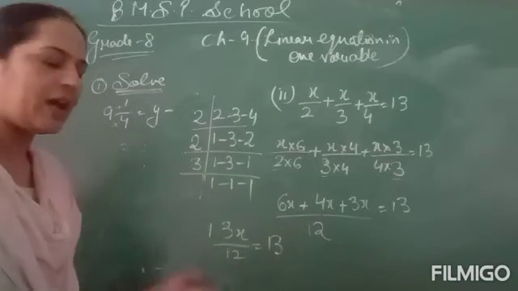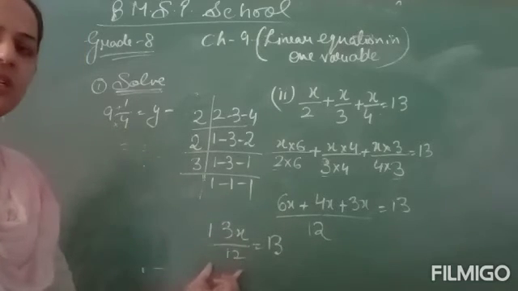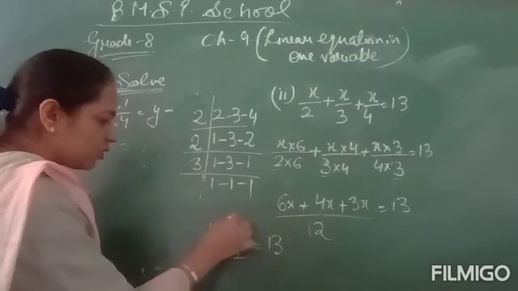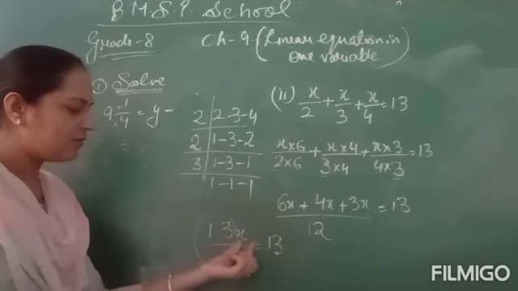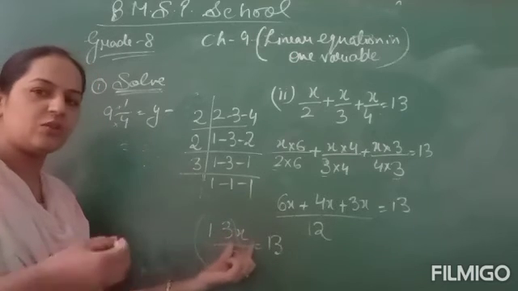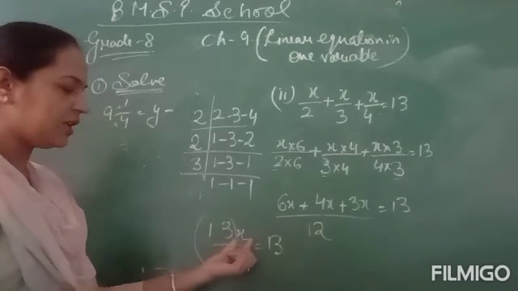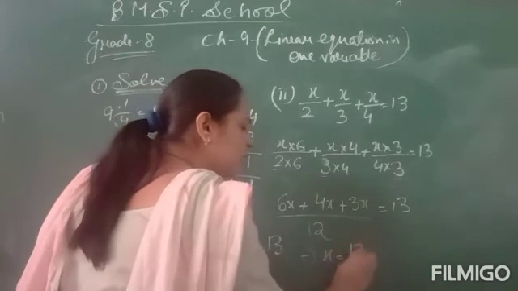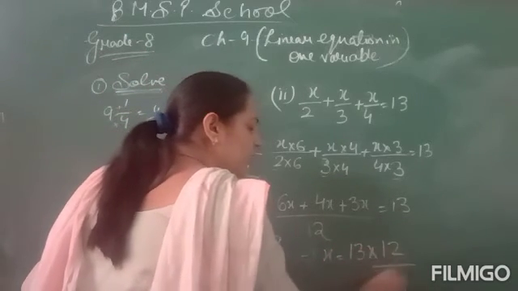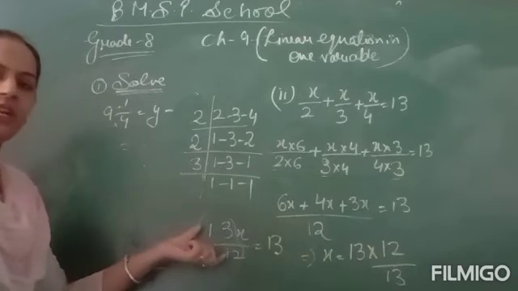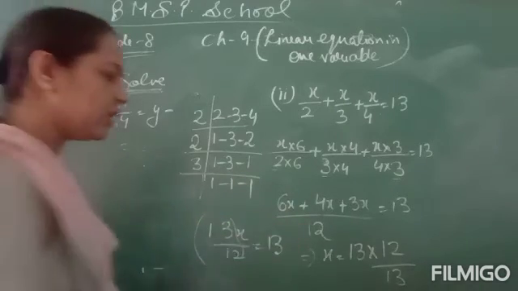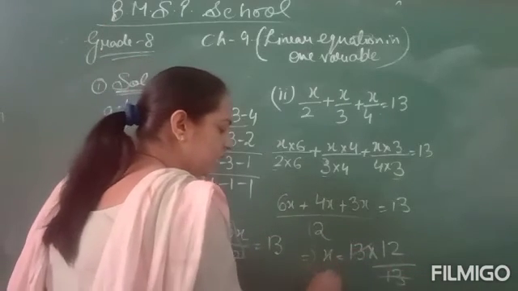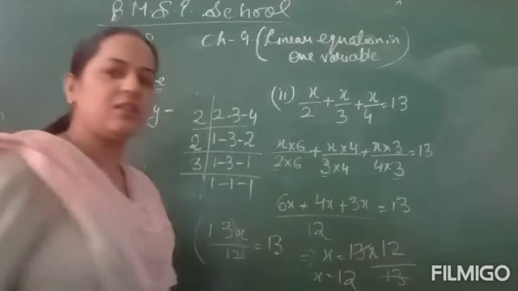Here is a multiplication of 13 by 12 with x, because no sign is there. When it goes on this side, it becomes a division, or it becomes the reciprocal. So 13 cancels with 13, and x is equal to 12 is my answer.